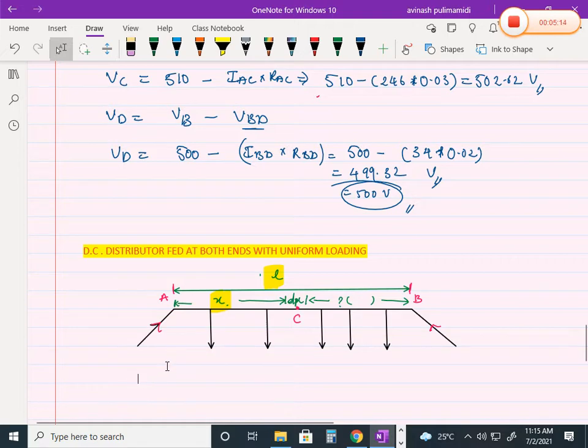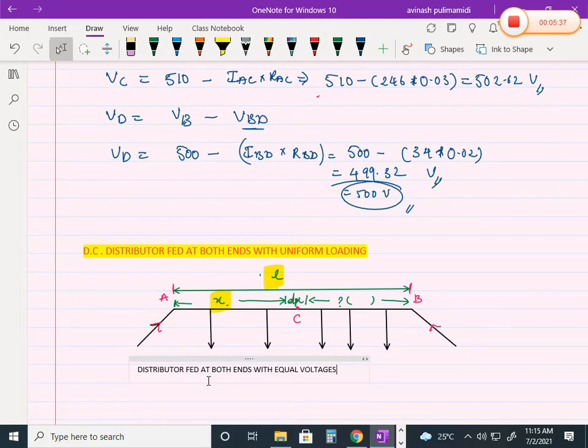So this is the figure. This is the distributor fed at both ends with equal voltages.